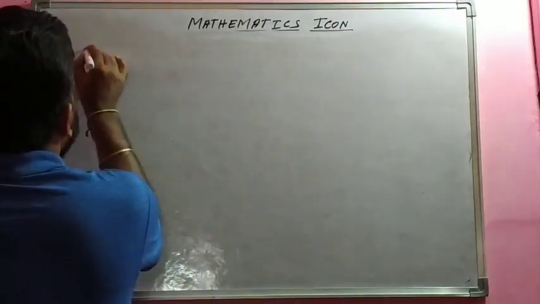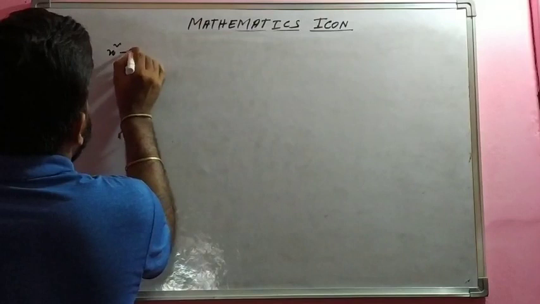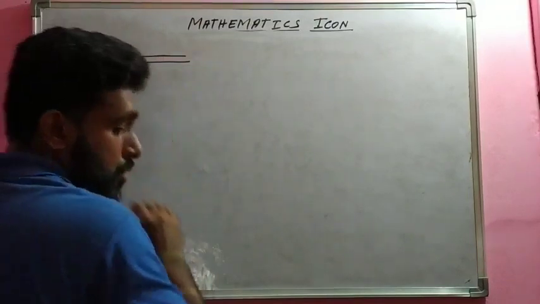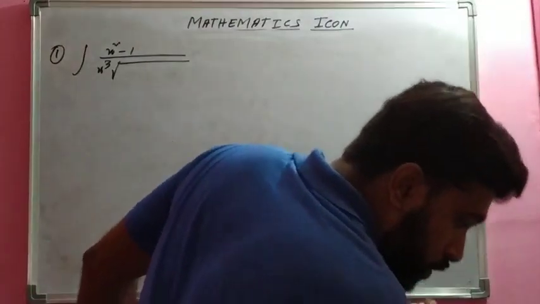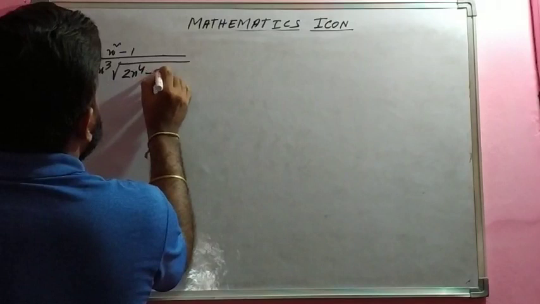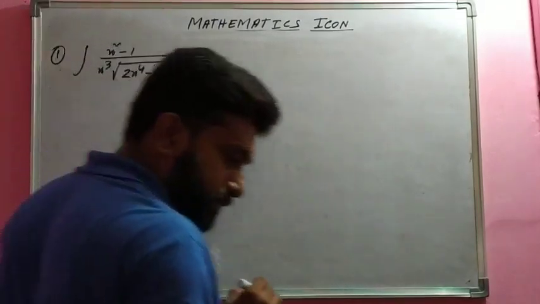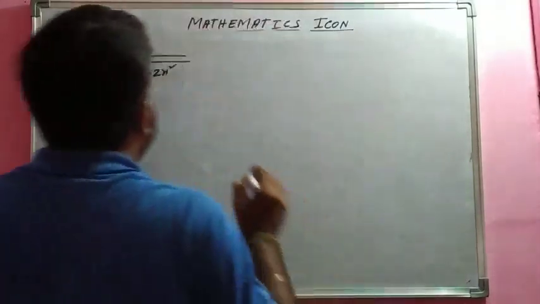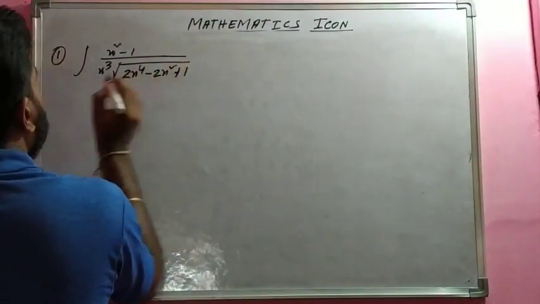Integration of (x square minus 1) by x cube, times root of 2x to the power 4 minus 2x square plus 1.